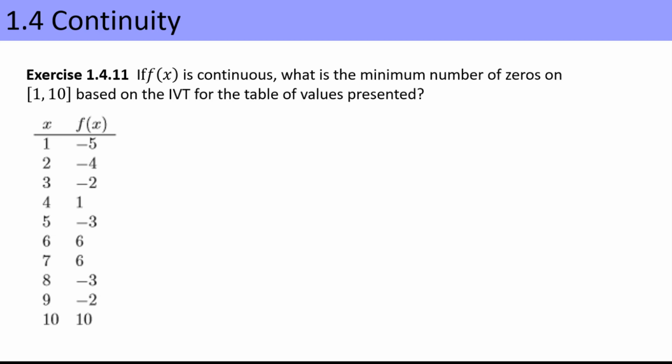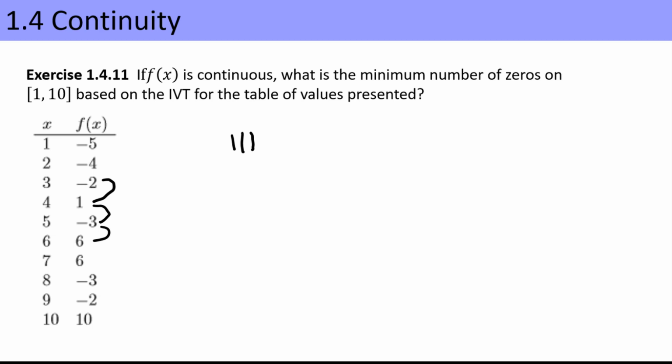So let's note, we have a sign change between x equals 3 and x equals 4. So that's 1 zero. We have a sign change between x equals 4 and x equals 5. That's another change. And we also have a sign change of the function value between x equals 5 and x equals 6. So that's 3.